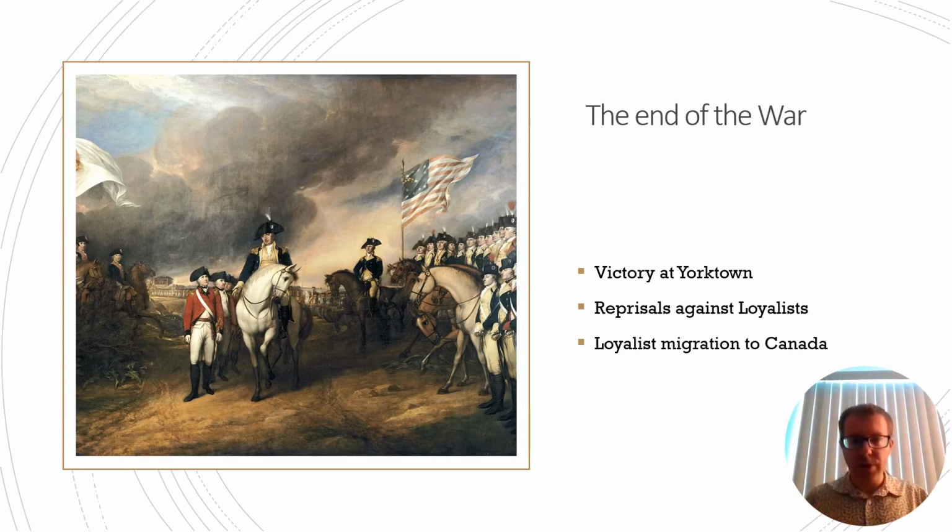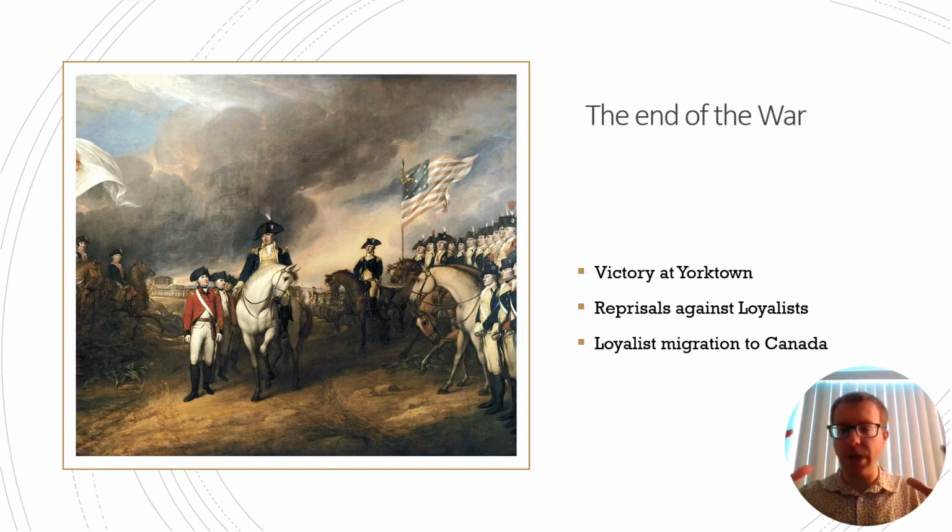So eventually, the Continental Army is able to successfully win the American Revolutionary War by trapping General Cornwallis, a British general that came over with a large army and attacked the South, by trapping his army in Yorktown, Virginia, on the coast of Virginia.